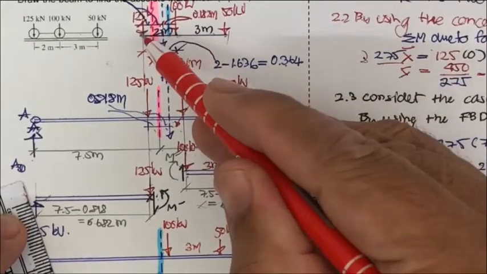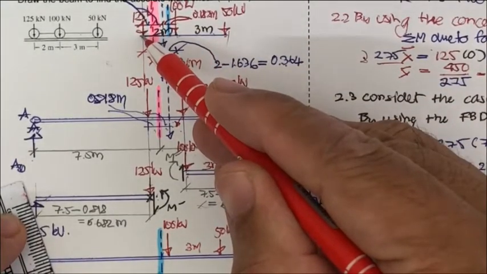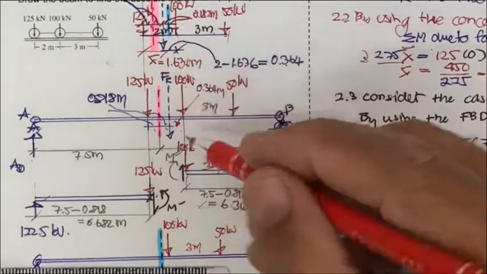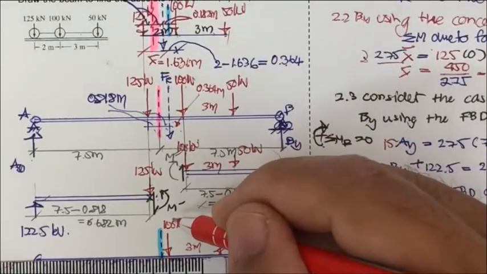And if you go to the left for 2 meter, that is 1 centimeter, you have 125 kilonewton.